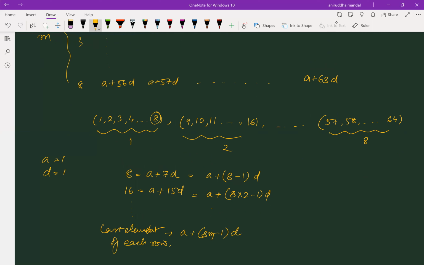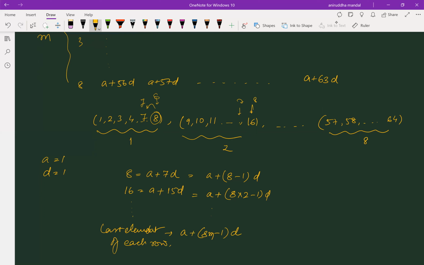Now if we go backward, the previous term is 7, and this is the last column, meaning this is the eighth column, this is the seventh column. Similarly, this is the eighth column, this is the seventh column, and so on.